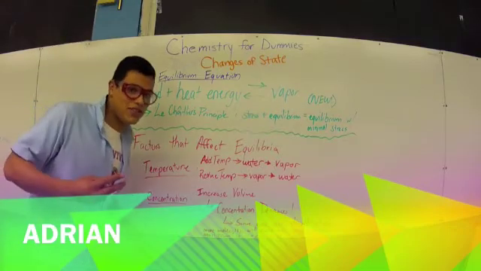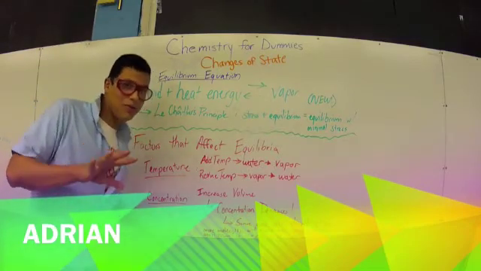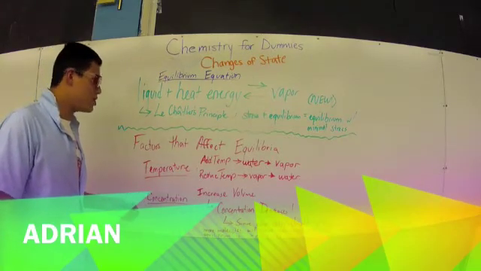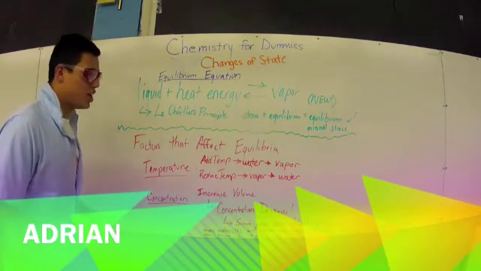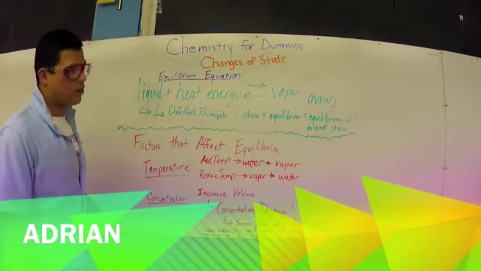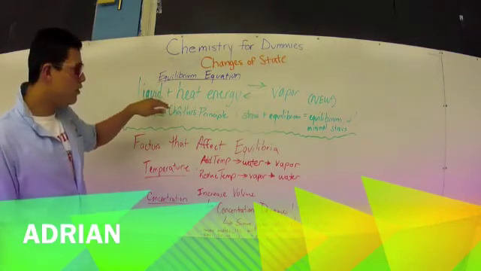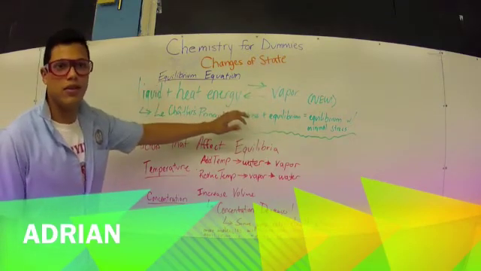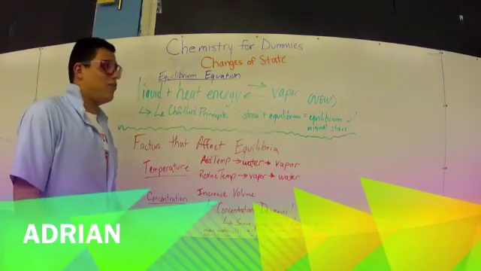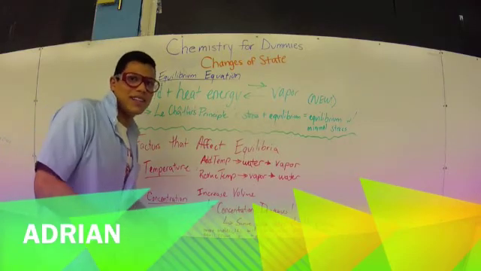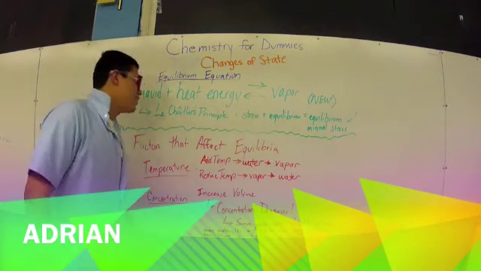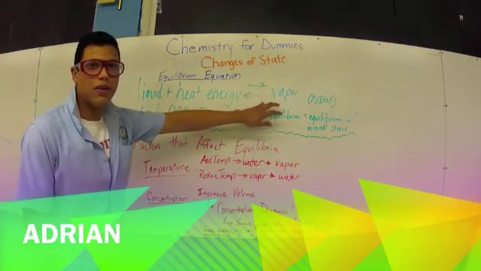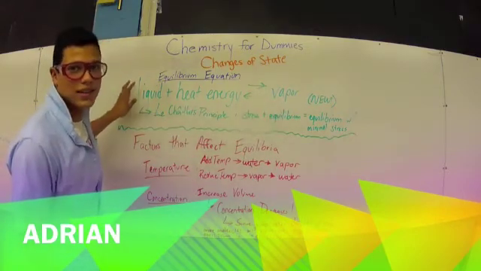We have two major ones, no more than two. The first one we have is temperature. When you add temperature to an equilibrium, there's a chance that it's going to add more energy. For example, if you add temperature to this, you're going to convert the liquid into vapor. Like when it rains, water falls, it gets hot, it goes back up to the sky. When you reduce the temperature and it gets cold, the vapor will revert back to its prior state, to the liquid.